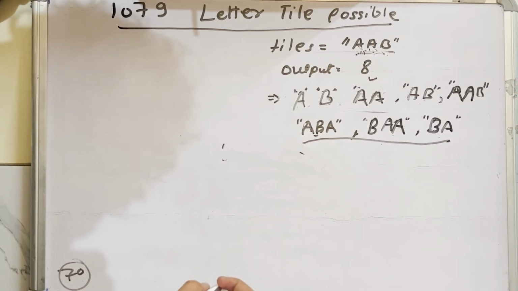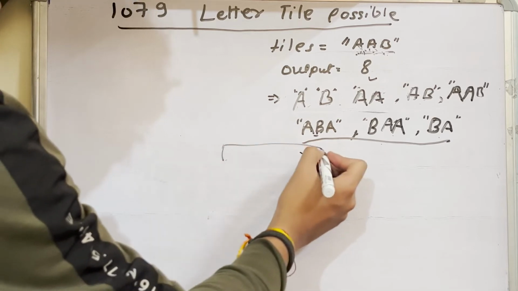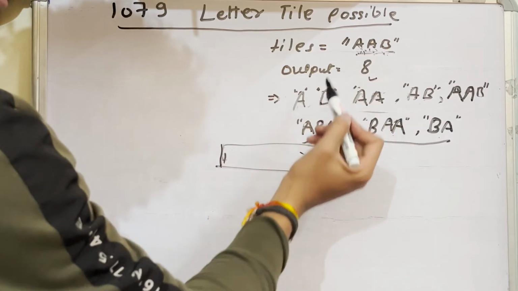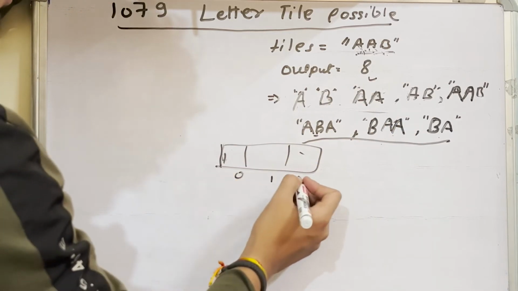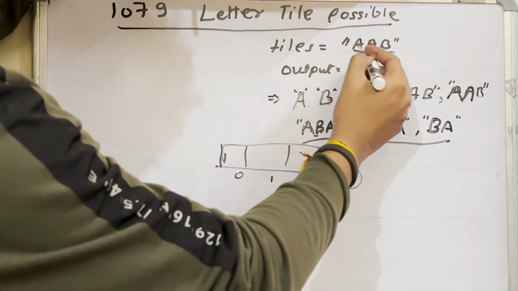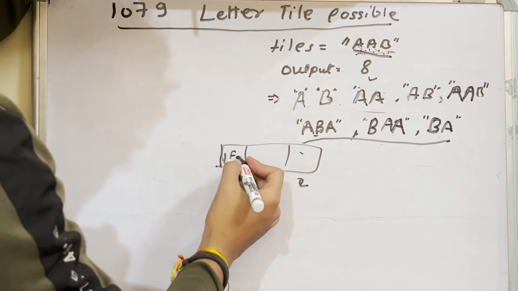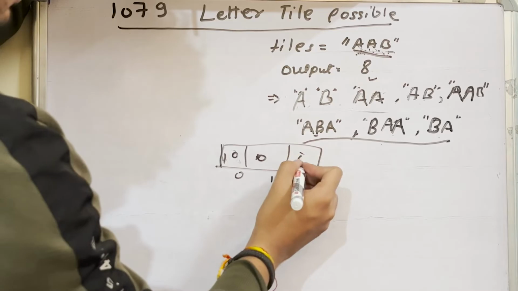It will keep track of unique strings, and you'll also use an array of size equal to the length of the string. Then you will check if we are using this character or not. Initially everything will be false, or you can say 0 will be much better.